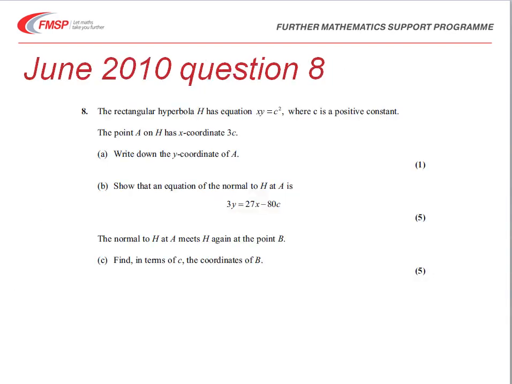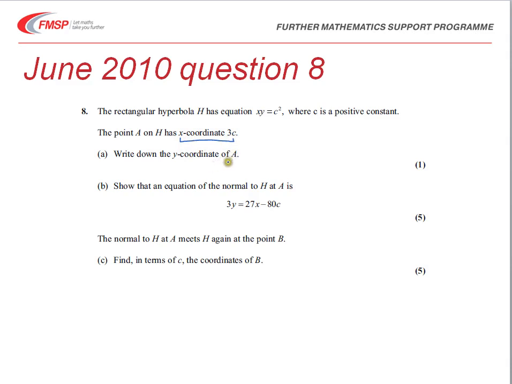The second question deals with a rectangular hyperbola this time, so we've got xy equals c squared, and we're told this time that we've got a point with x coordinate 3c. So the first part of the question again is just to write down the value of y.